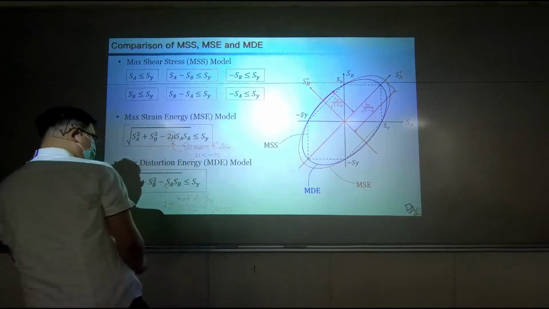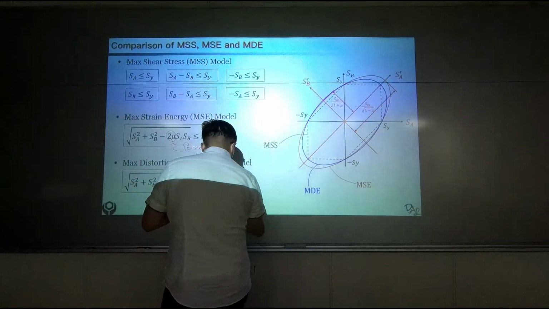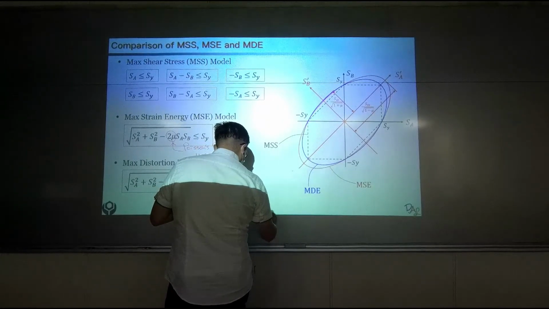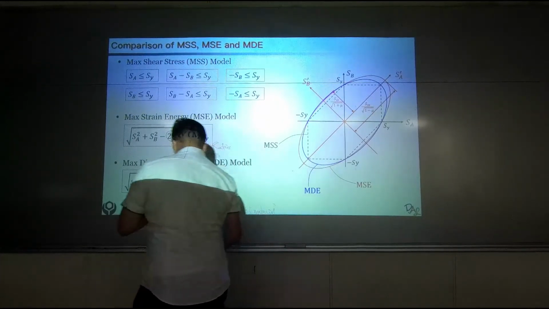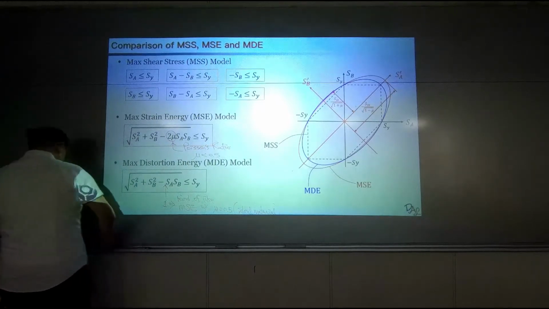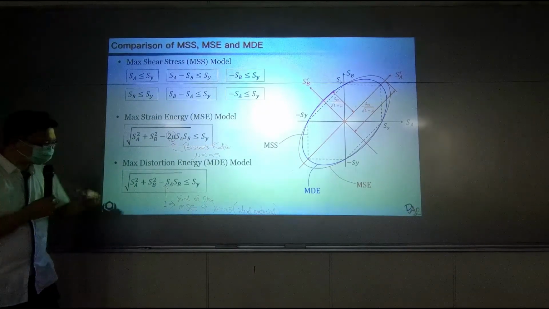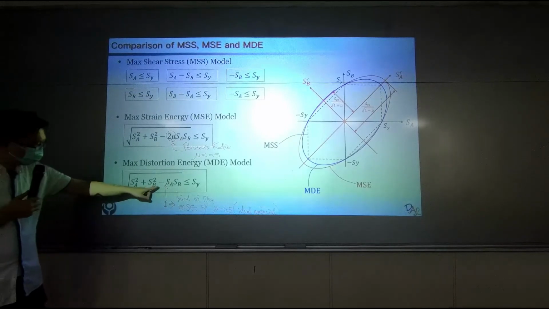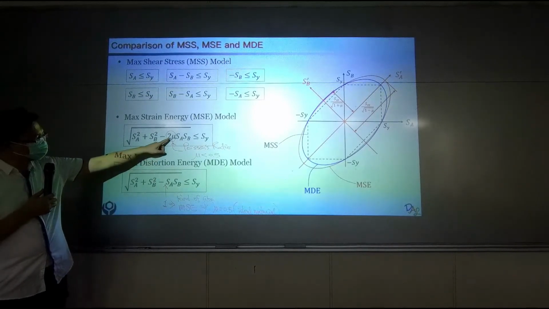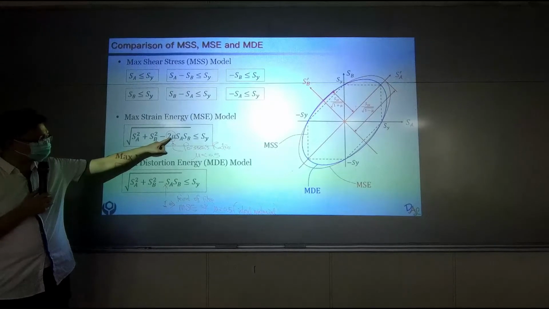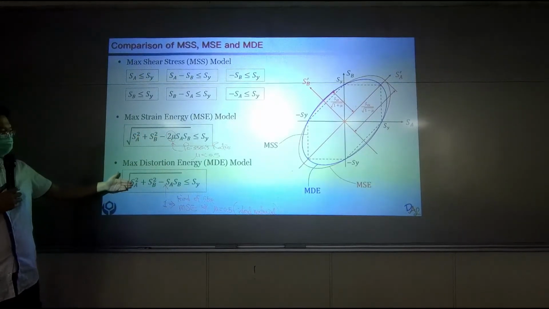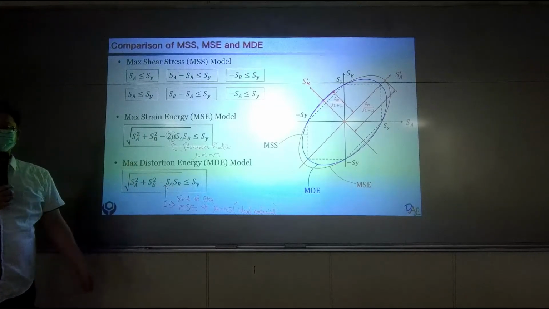And what is mu equals 0.5? This is called the ideal material. Because it doesn't happen. There's no material with mu equals 0.5. But when you have 2 mu, and if mu is 0.5, this equals 1, and then this equation equals the maximum distortion energy, right?